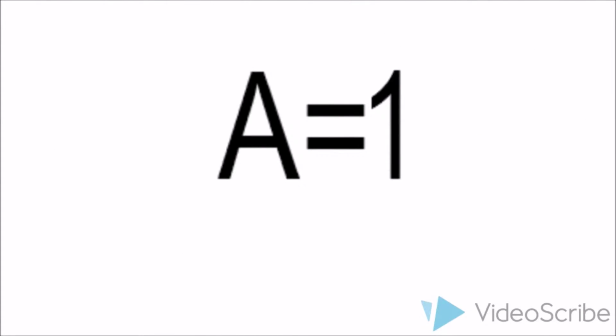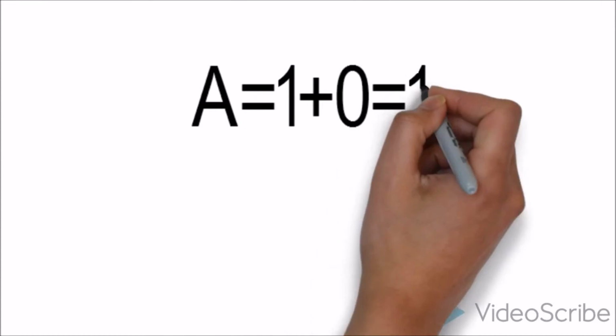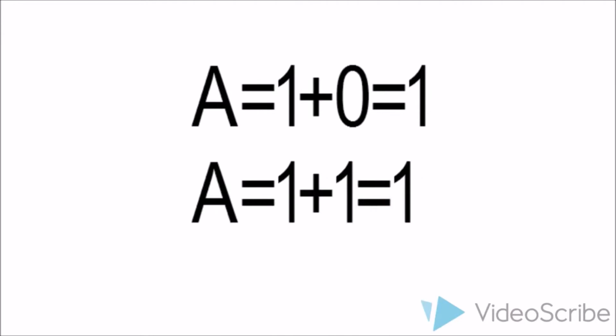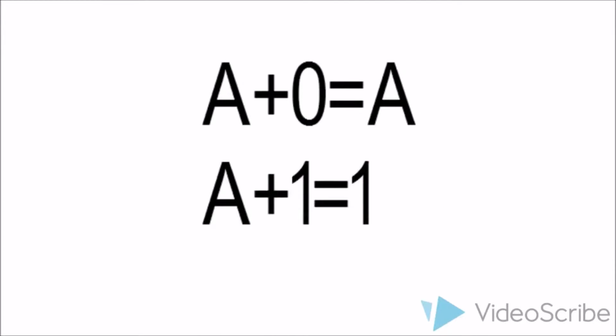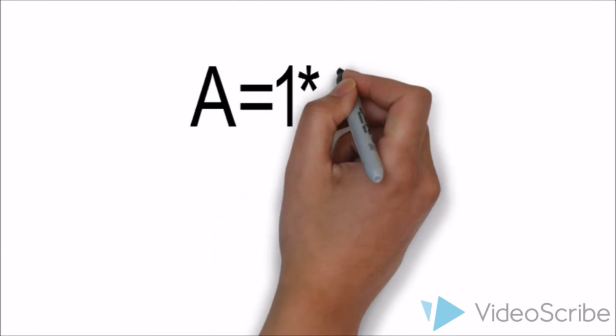So let's say that a is equal to 1. A, that is 1, plus 0 is going to be 1. A, that is 1, plus 1 is going to be 1. So we can say that it doesn't matter what the value of a is. If it's added to 0, the result depends on a. But if it's added to 1, it doesn't really matter what the value of a is.